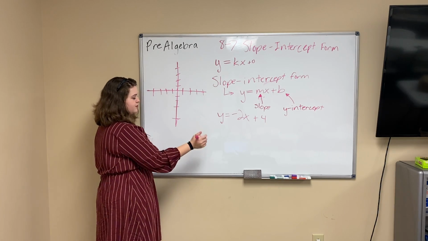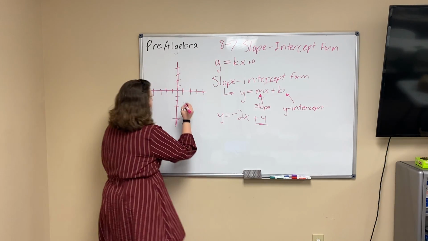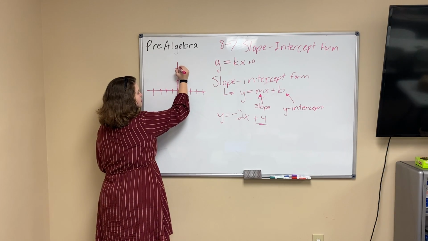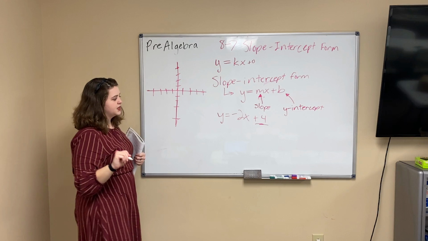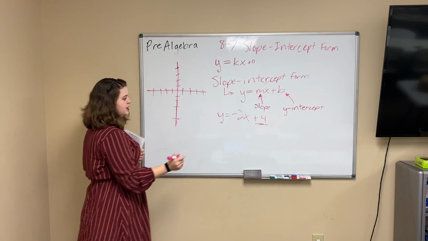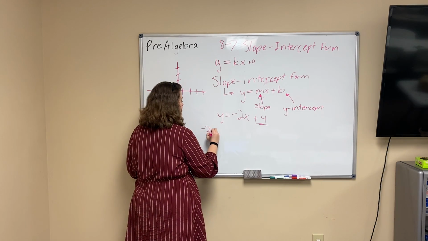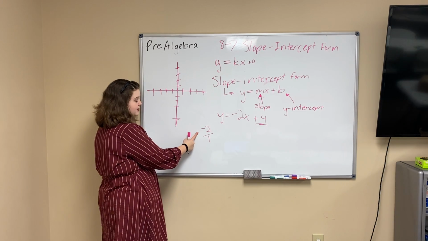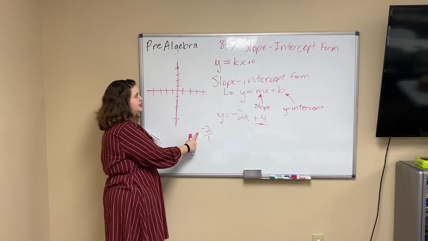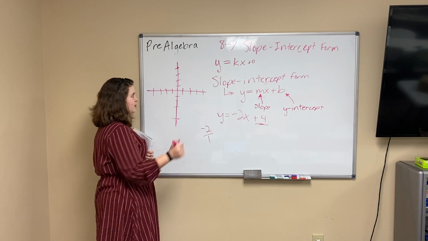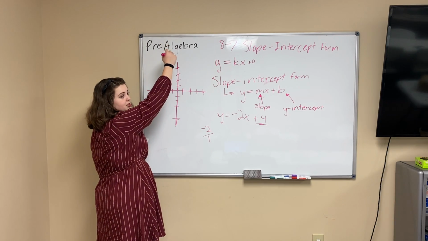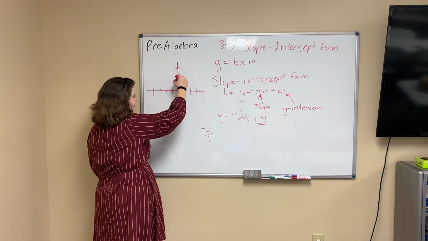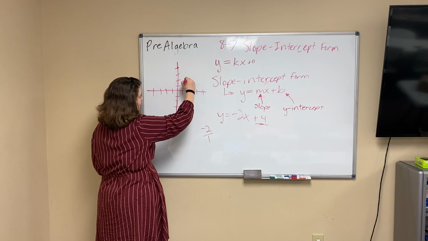So if it's positive 4 right here, I'm going to count up 1, 2, 3, 4, and put a dot. Put our point in. Now this time our slope is negative 2. So I'm going to take negative 2 over 1, right? And so I'm going to rise negative 2. Now if I'm rising a negative number, I'm not going to count up 2, I'm going to count down 2. So I'm going to go down 2 and over 1.